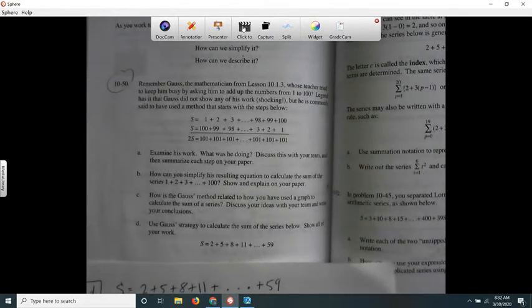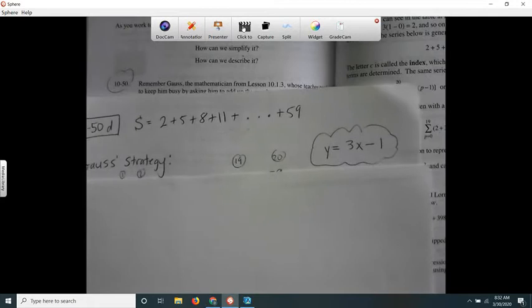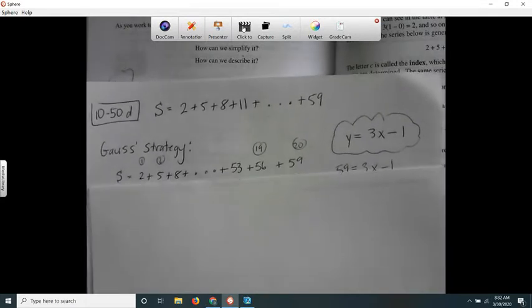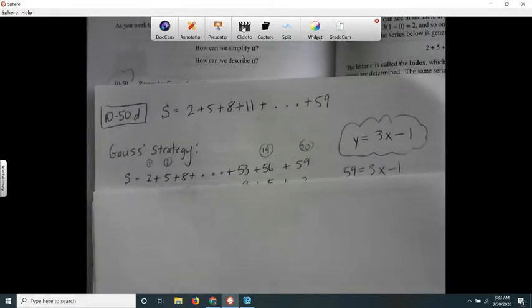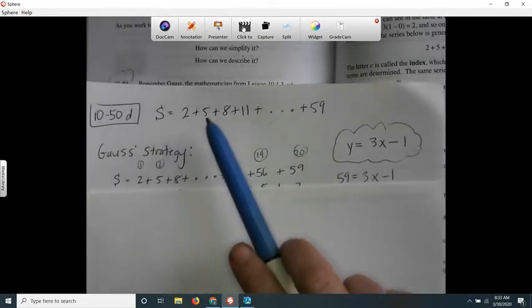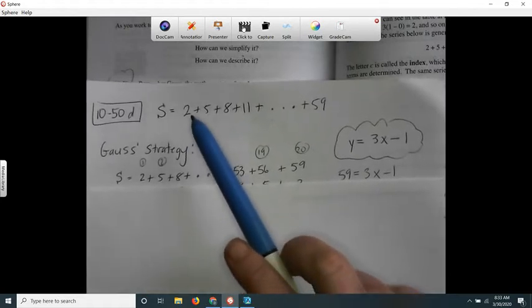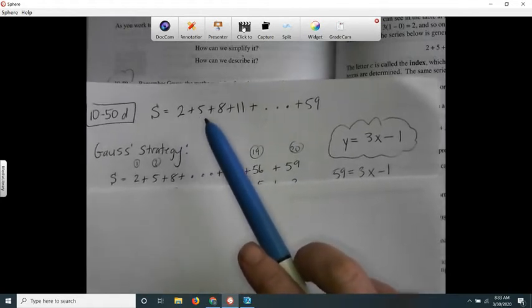Is that what it said? Yeah, calculate the sum of the series. So first we want to write it right side up, if that makes any sense. We want to write it forward. So we know it starts with a 2 and a 5 and an 8 and 11, dot, dot, dot. I can tell that it goes up by 3 every time.